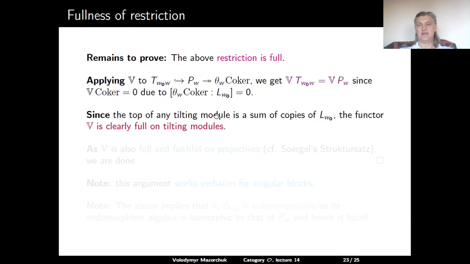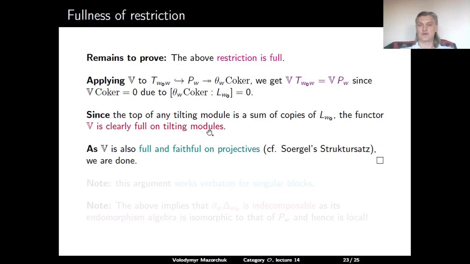Since the top of any tilting module is just a sum of copies of L_{W0}, Soergel's combinatorial functor, being Hom from P_{W0}, is clearly full on tilting modules. And we know from Soergel's combinatorial description, from his Struktursatz, that V is full and faithful on projectives. Since V applied to tilting and to projective coincide, and it is full on both, it follows that the restriction from projective to tilting is a full functor.